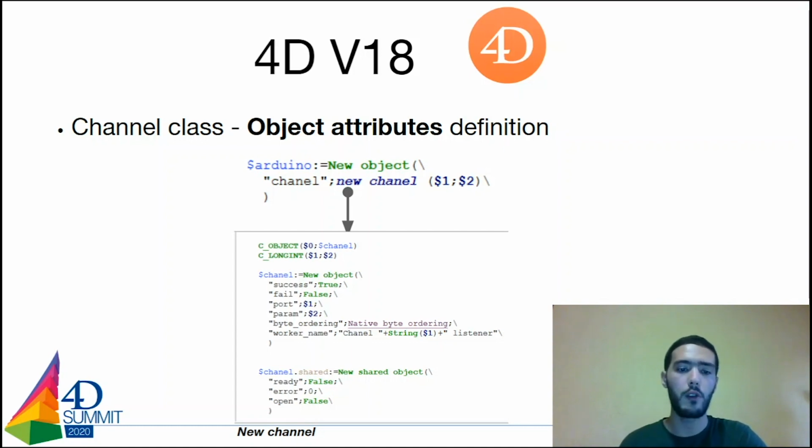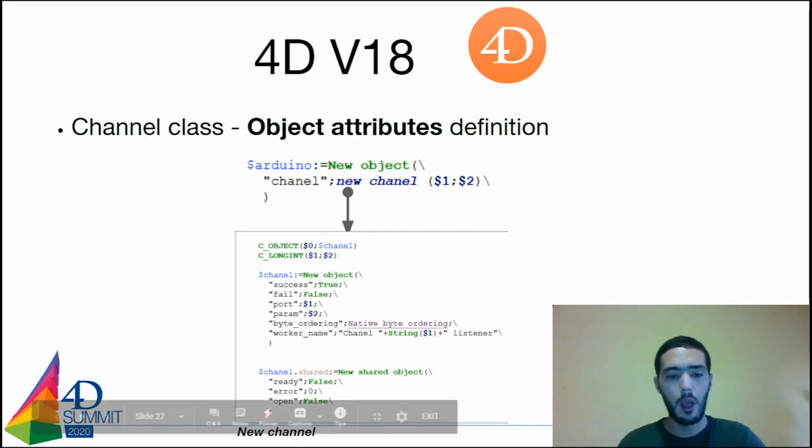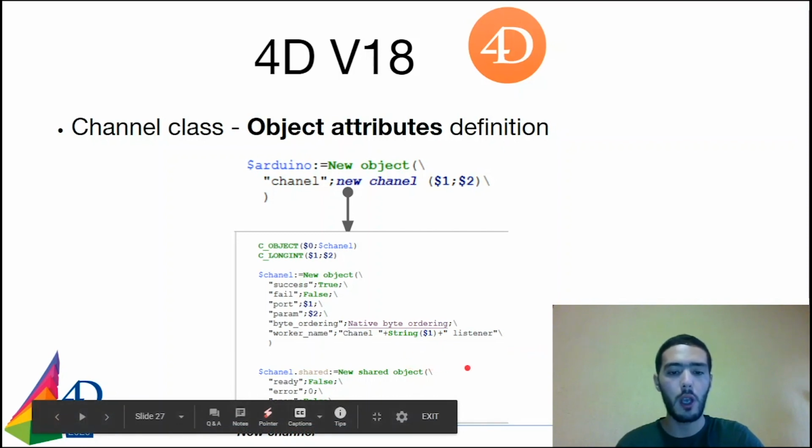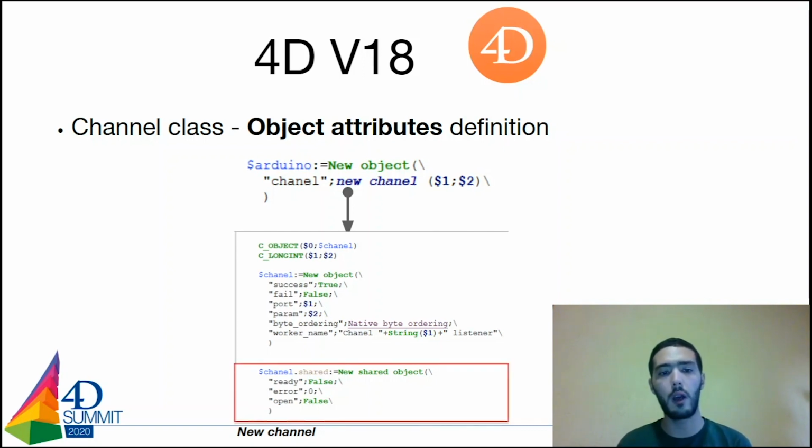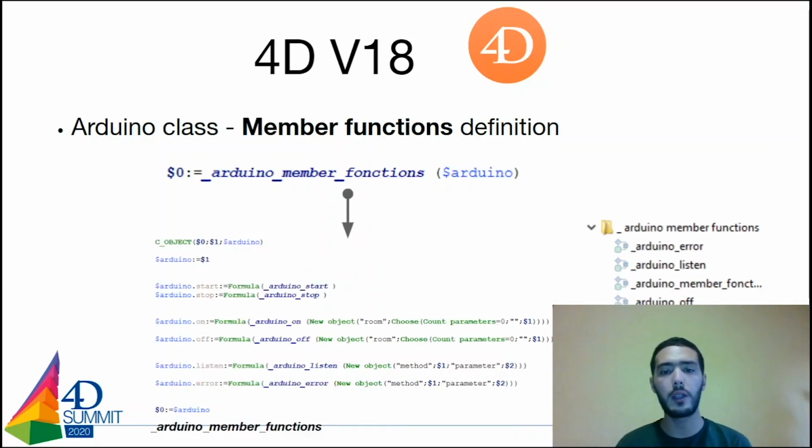So we'll have if the port was successfully turned on, the port number, the parameters, the byte ordering, the worker name, etc. We'll have defined already our shared object that will allow this mentioned access of the channel object throughout all database processes.